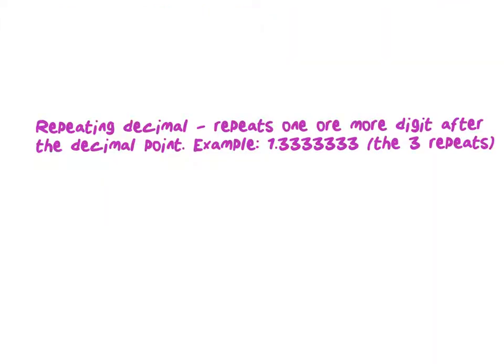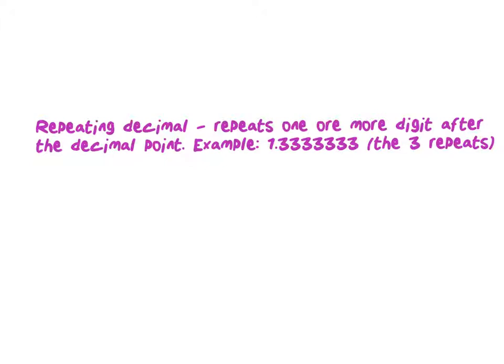All right. One word that we need to know and that you should add to your notebook is the repeating decimal. A repeating decimal is just a decimal that repeats one or more digits after the decimal point. For example, we have here 1.33333333, and so the 3 is repeating.